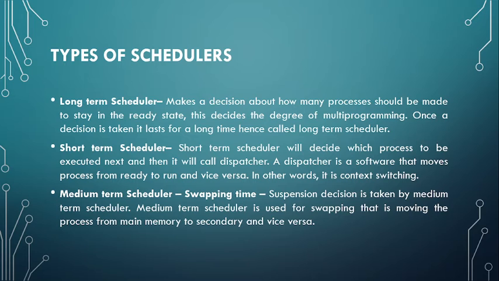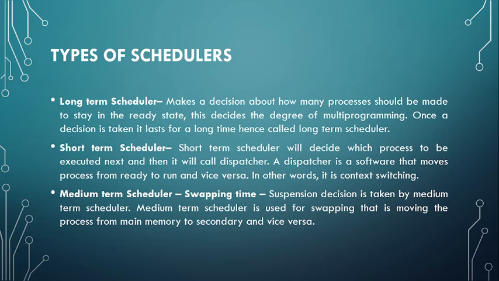I already told you about CPU bound and input output bound processes. So, the long term scheduler must select a mixture of both. And the short term scheduler is also known as the dispatcher. The short term scheduler will decide which process is to be executed next, and then it will call the dispatcher. A dispatcher is software that moves processes from ready to run and vice versa, from run to ready.